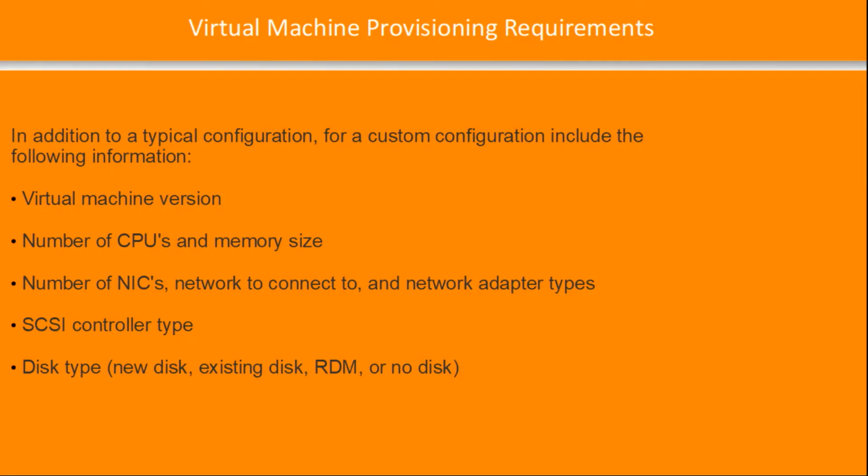The SCSI controller type, should it go with LSI Logic or is it supporting an older version. The disk type, should it be a new disk, an existing disk, an RDM, or even the VM to be configured with no disk, which is again a valid configuration. So in addition to the typical, the custom configuration should also be taken into account.